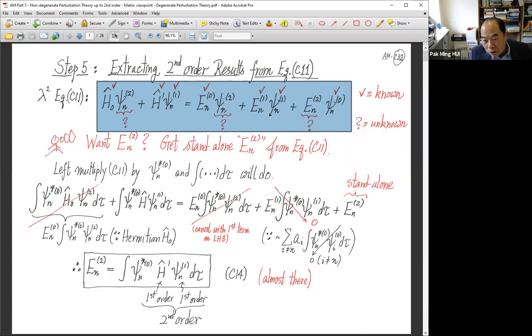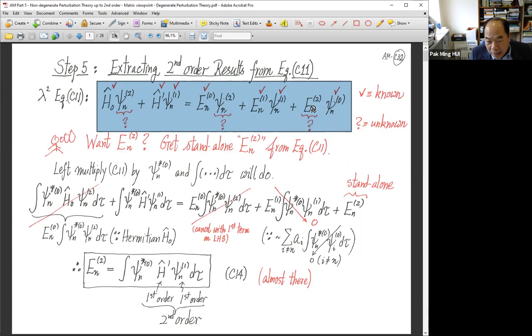And we know the first order wave function. We know after the discussion just a while ago, okay? So all the things with a tick are known, then the equation actually left us with 2 unknowns. The second order correction in energy, this is our task, and the second correction in the states, okay?